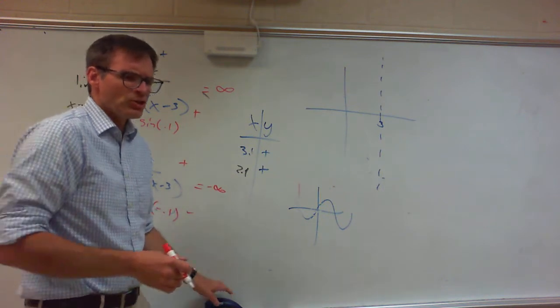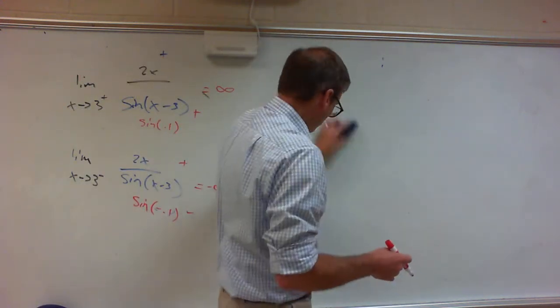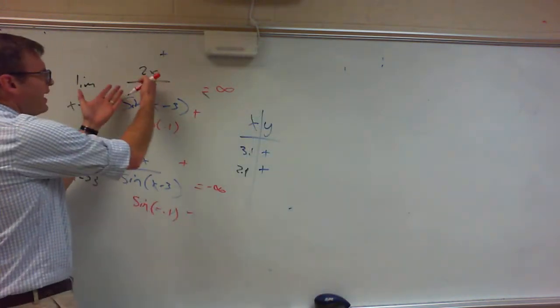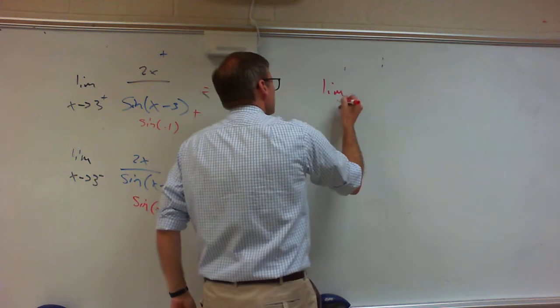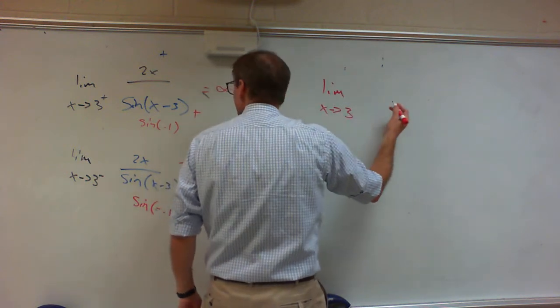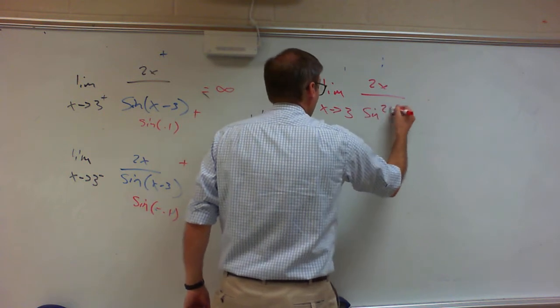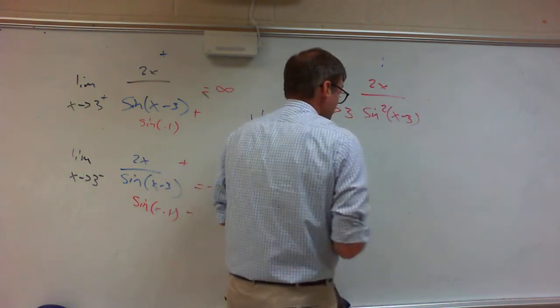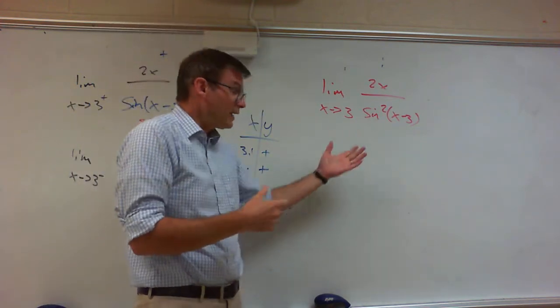But what if I change it? What if instead of asking this, I ask, what's the limit as x approaches 3 of 2x over sine squared x minus 3? Now, officially, I hate this notation.